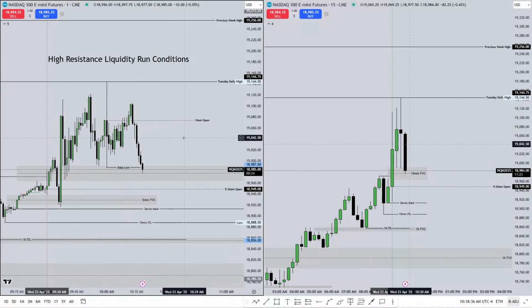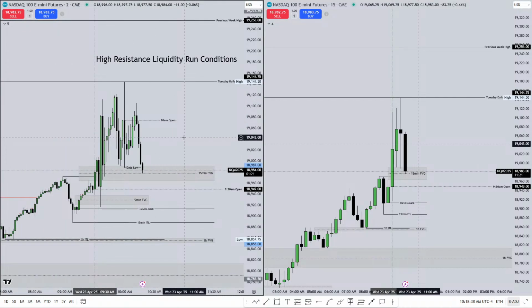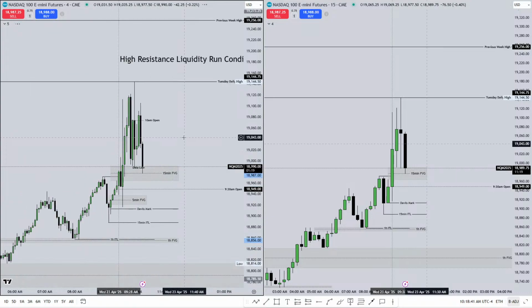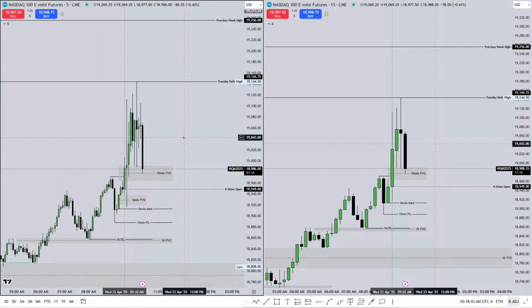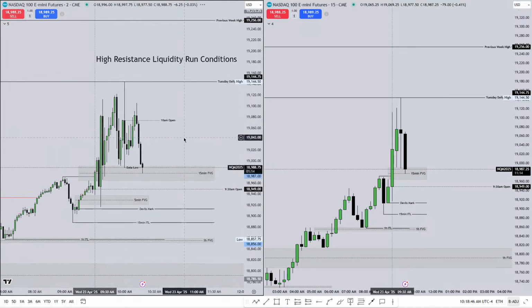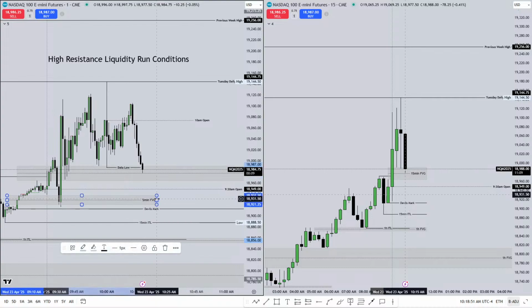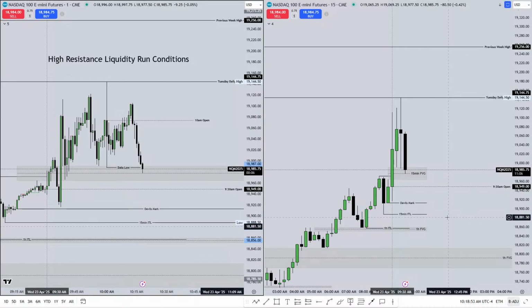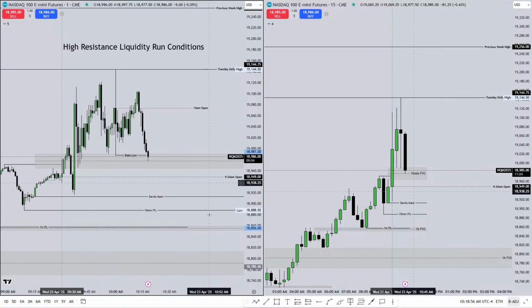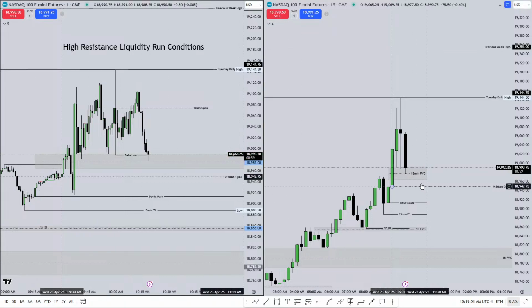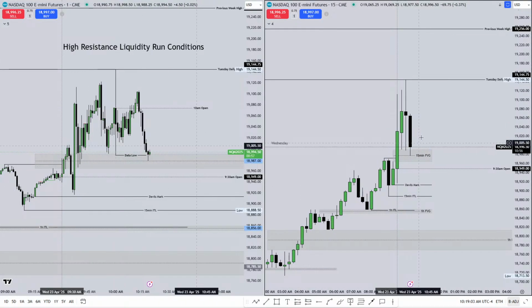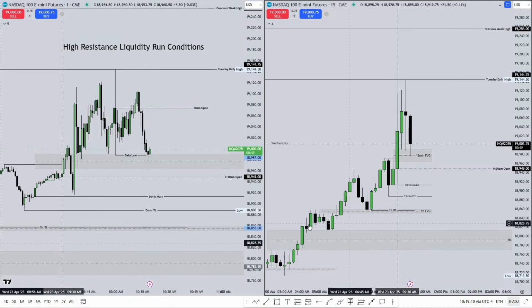But this leg lower is kind of gross. I'm kind of using this 15-minute here as my condition: if we hold, then I would expect Tuesday daily high to get hit. If we close below, then I would expect these sell side targets to get hit right here.